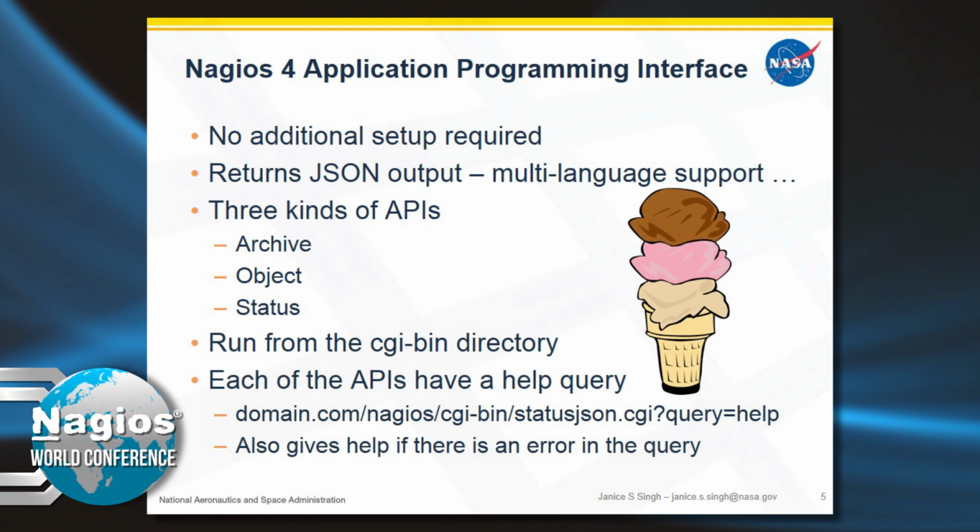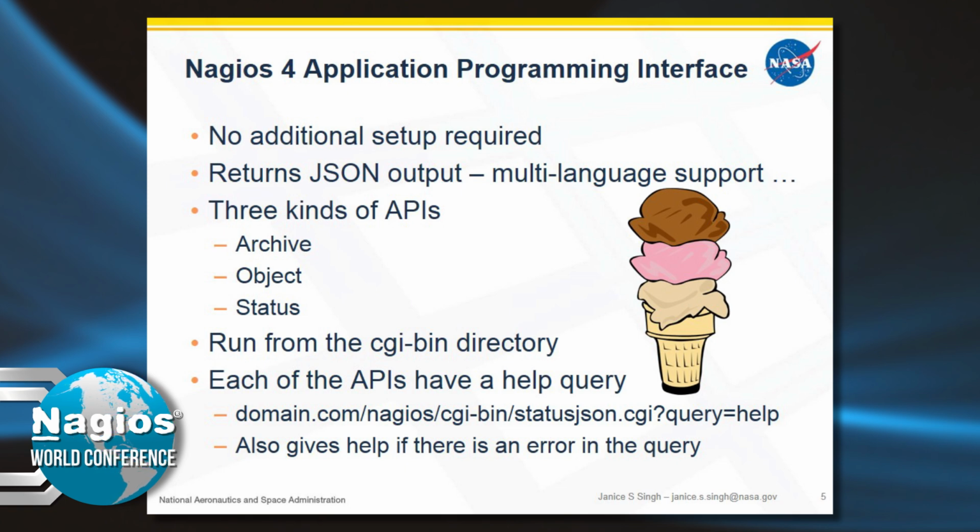I'm going to be talking about the Nagios APIs. For those who aren't familiar with what the APIs are, with Nagios 4, they just come with it. You don't have to do any extra setup to get the APIs. They return output in the JSON format, which can be used in multiple languages. There are 3 kinds of APIs, and I will give examples of them later: archive, object, and status.